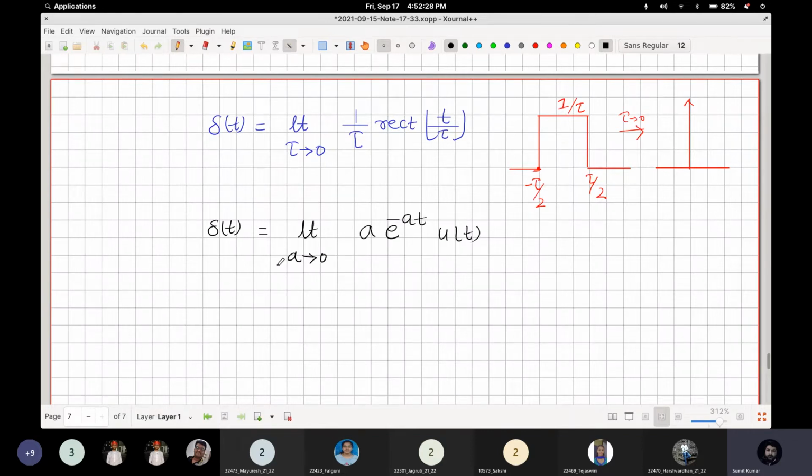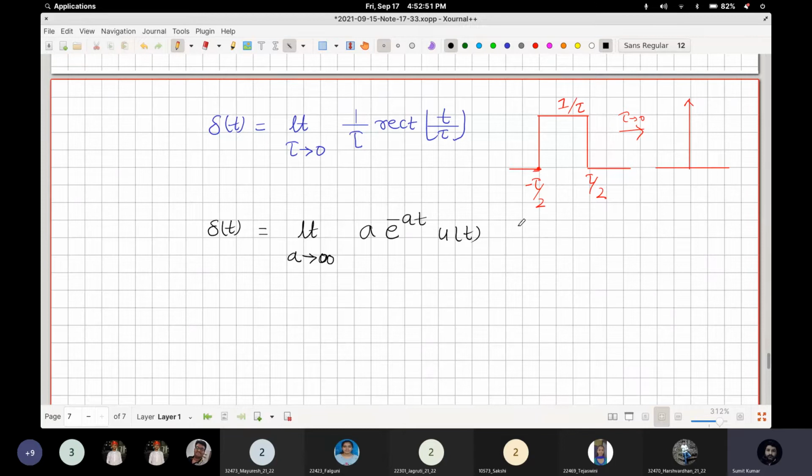Okay, so as a tends to 0, what will happen? Its area is anyway equal to 1, but a tends to infinity, not 0. As a tends to infinity, here what will happen? Its height is going to become infinity, and its area is still going to be 1 only, isn't it?